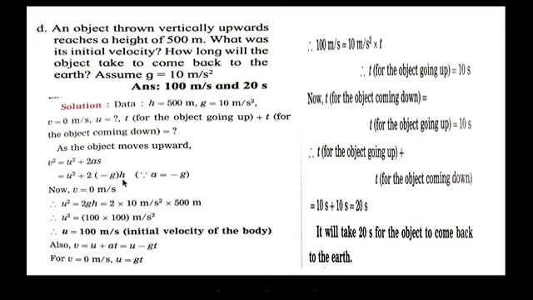S is h, that is the height. Okay, so we have u square plus into minus will give us minus 2gh is equal to 0. That means u square is equal to 2gh. So we substitute the values. 2 into g is 10 into h is 500. So on solving, we get u is equal to 100 meter per second.